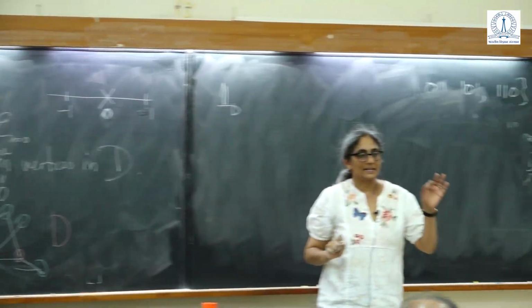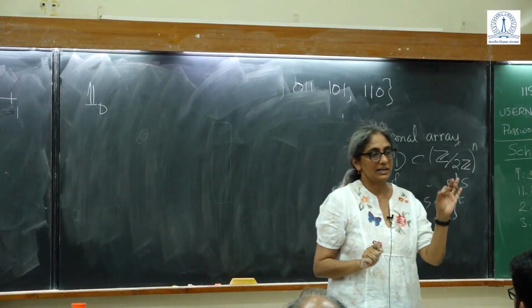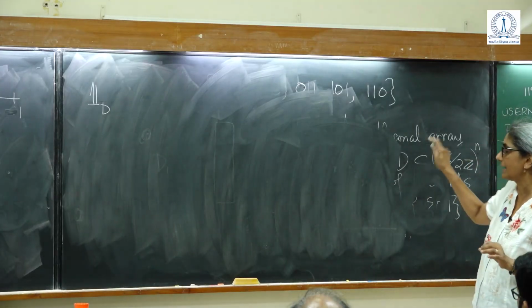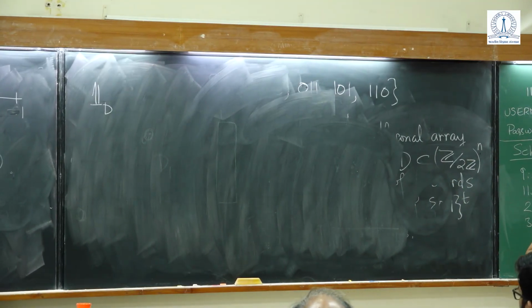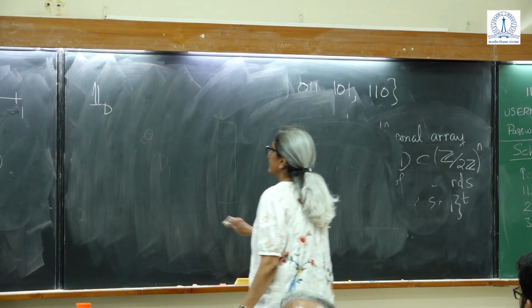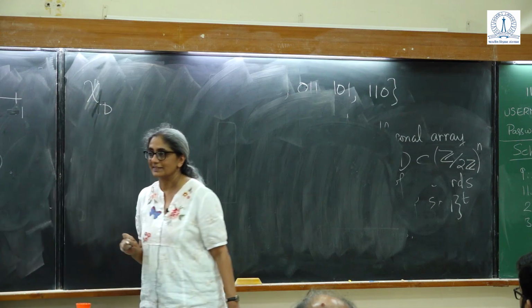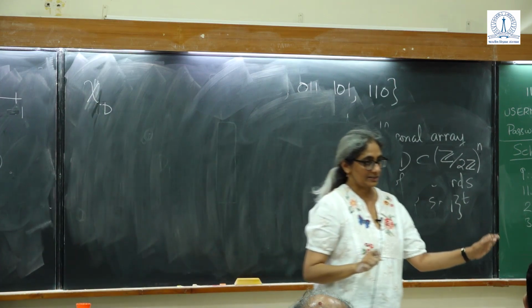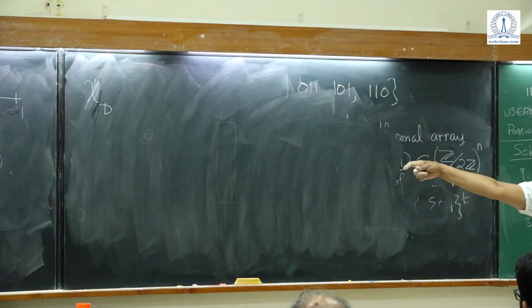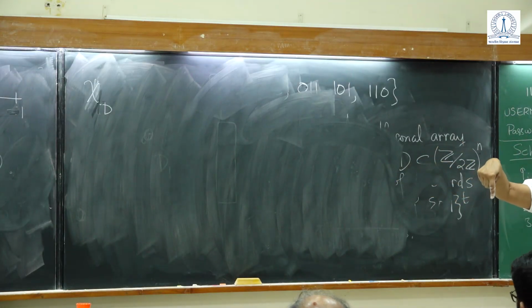This means there's a 1 in position i if the element is in the design, and 0 if the element is not in the design. This is the characteristic vector, maybe we call it chi_D. That's what we were calling it in the course. So it has length equal to the number of vertices. I put a 1 if the vertex is in the design, and 0 otherwise, okay?